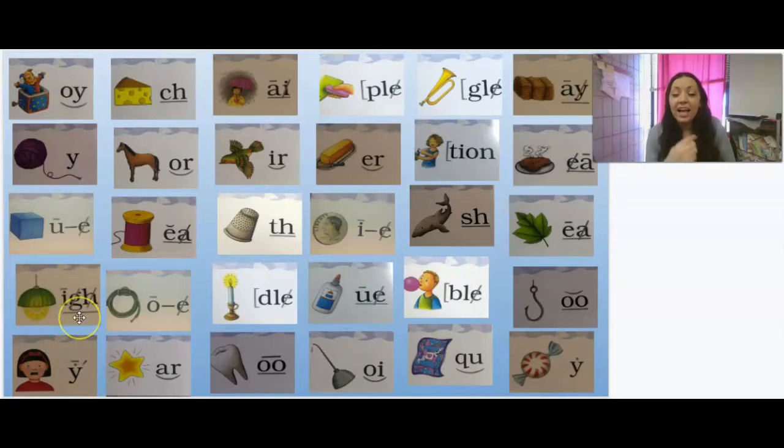Digraph E-A. Light, I. Trigraph I-G-H. Hose, O. O consonant E. Candle, dul. Final syllable D-L-E. Glue, U. U consonant E. Bubble, bull. Final syllable B-L-E. Hook, digraph O-O.